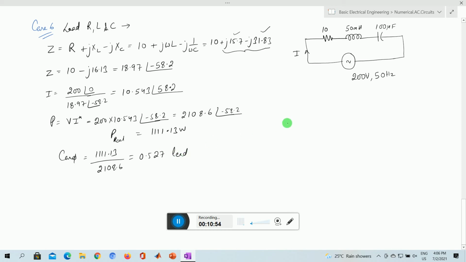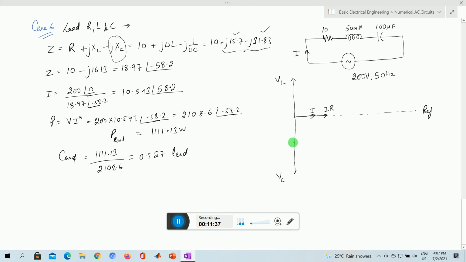So if we draw the phasor diagram, again we can draw the phasor diagram taking the current axis as the reference. So when you multiply I into R, we are somewhere here. When we multiply I into j omega L, we get the value of VL we have seen here, and we multiply I by minus j, I into j of XC, we get a negative value, that is VC.